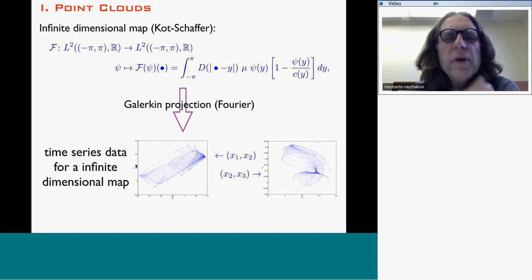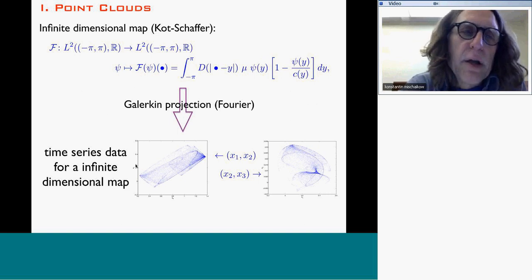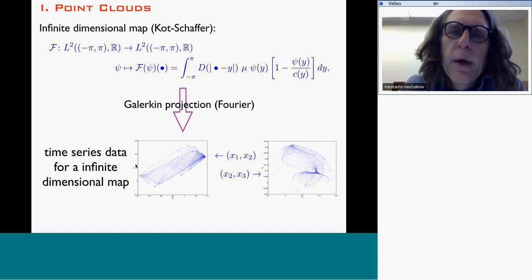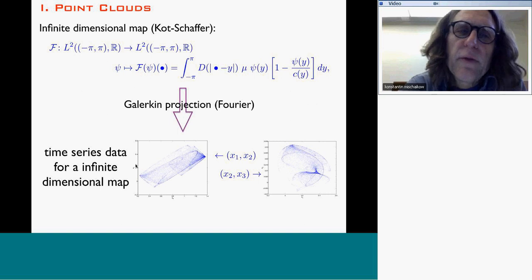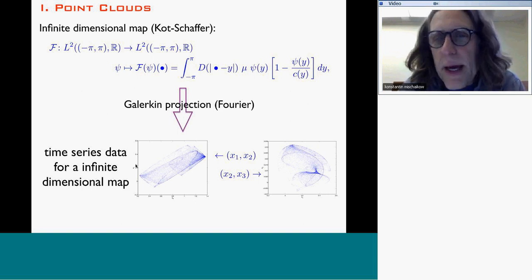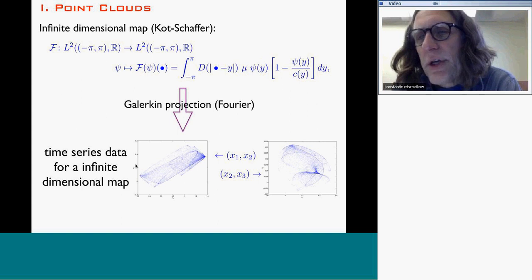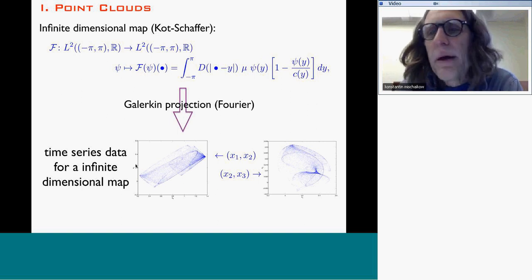So if you see psi, what you should think of is psi being a function defined on the interval minus pi to pi. And this can be presented, and it does in this Koch-Shaffer model, as a density of, for example, plants. And on the right-hand side of that equality, one sees inside the integral a quadratic function of psi.